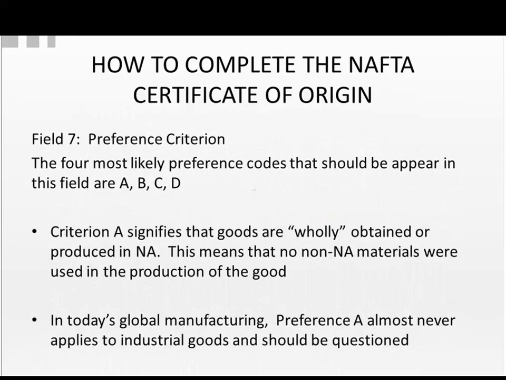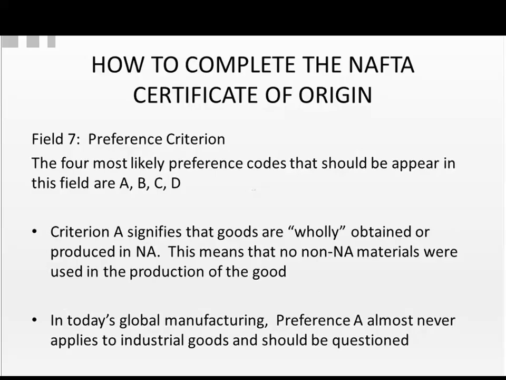Here is criterion A. Criterion A signifies that goods are, quote, wholly obtained or produced in North America. This means that no non-North American materials were used in the production of the good. However, I should say that in today's global manufacturing, preference A almost never applies, particularly to industrial goods, and should be questioned.